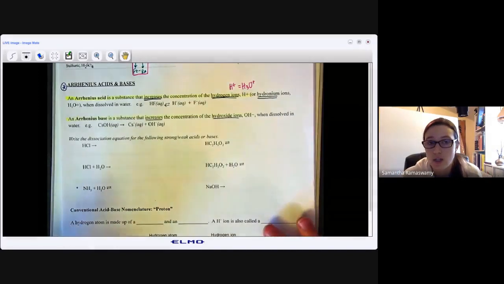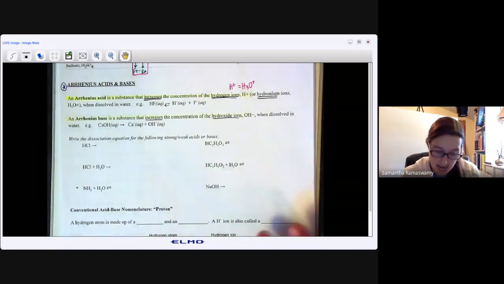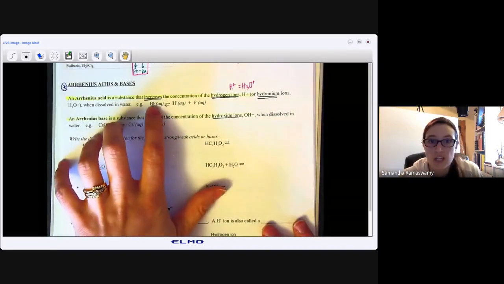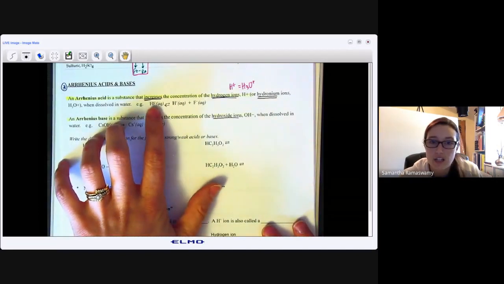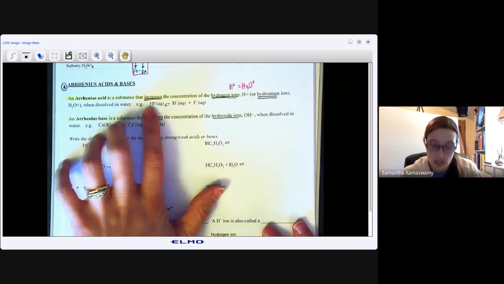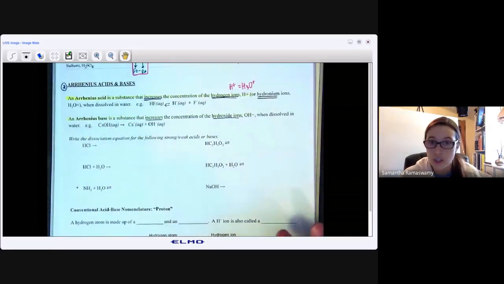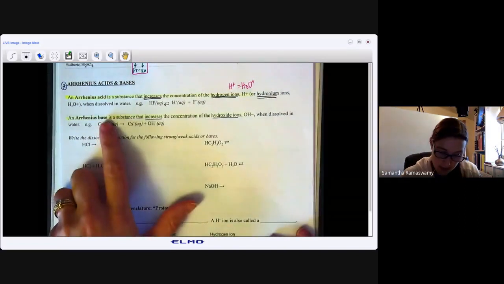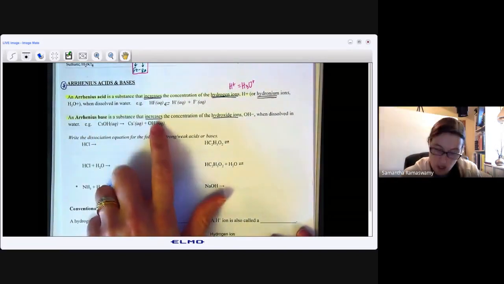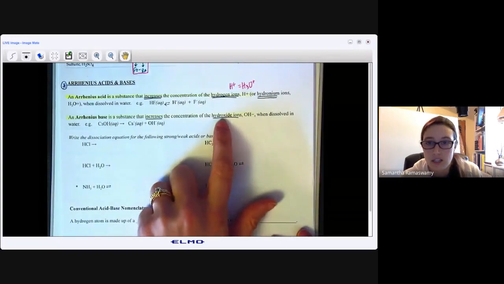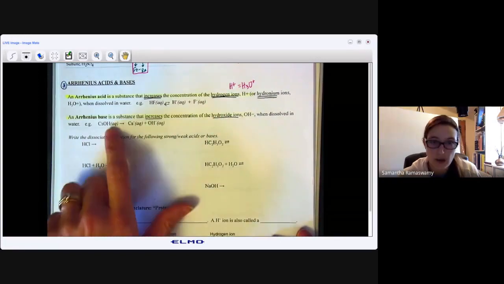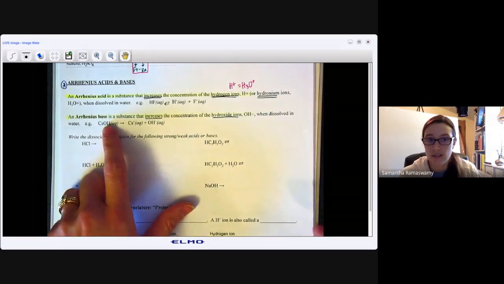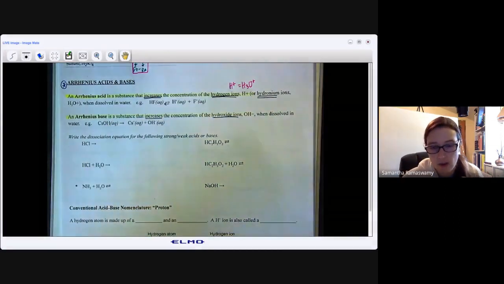We tell that something is an acid if it starts with an H. That's the Arrhenius definition: if it starts with an H, it produces H+ in solution, and it's an acid. An Arrhenius base is a substance that increases the OH- concentration, so we look for OH- at the end of the formula: NaOH, CsOH, Sr(OH)2.